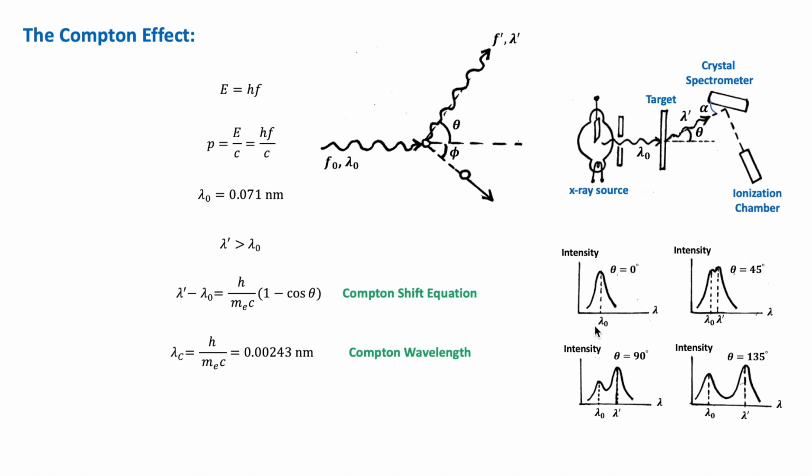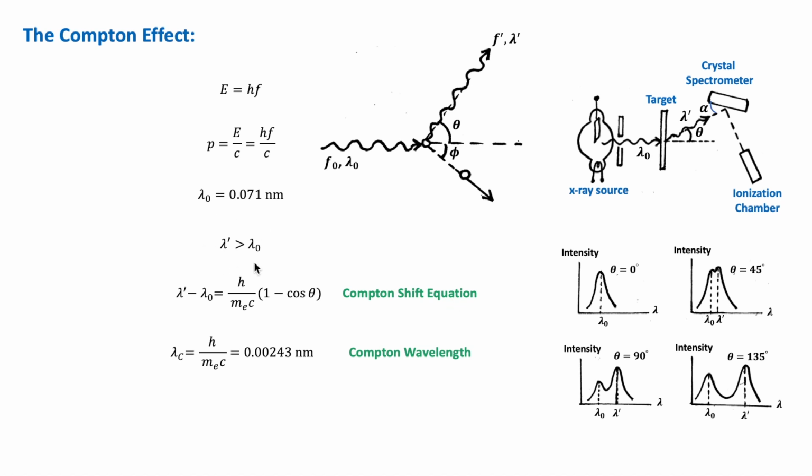The plots for the 3 non-zero angles show 2 peaks. One is at lambda naught, and the other is at a shifted wavelength of lambda dash, which is greater than lambda naught.